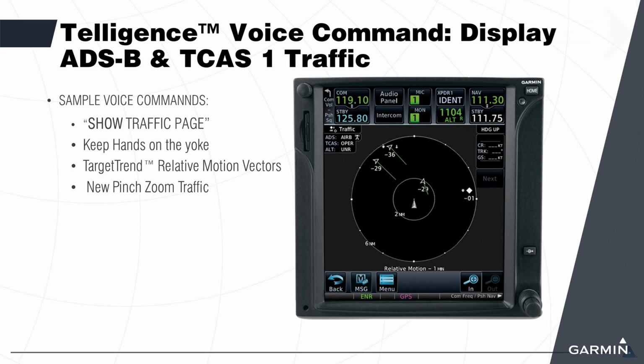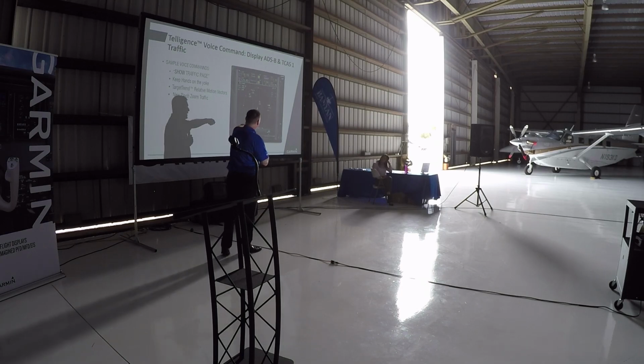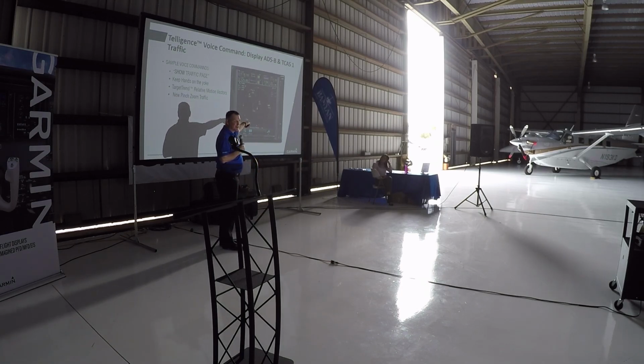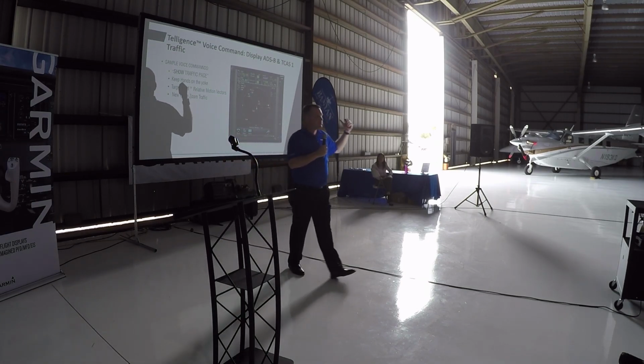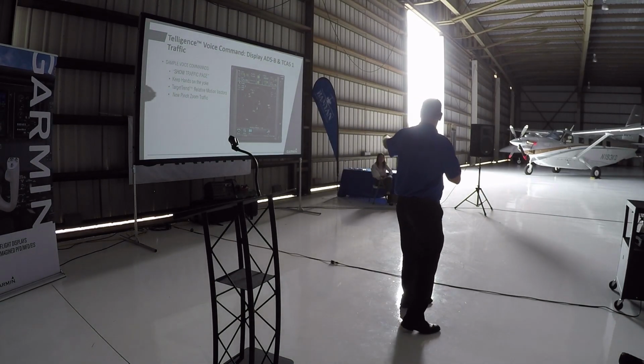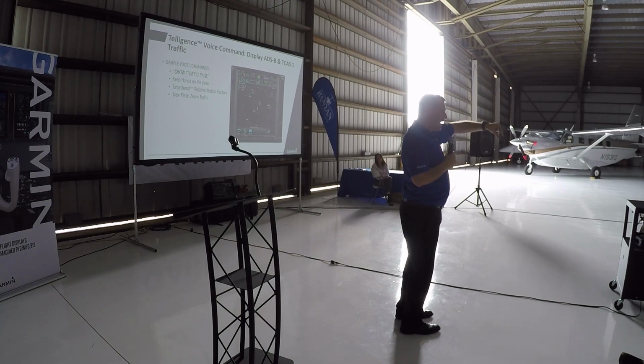So you can do things like show traffic. So we're showing that combined traffic I was talking about here. So this is from your TCAS 1, traditional TCAS diamond, right? The ADS-B traffic with Garmin patented target trend relative motion vectors is right here. So if you were looking at a traditional display, and if you only had those diamonds up there, you'd have to be heads down looking at it until it got, you know, within 1 minute of your plane.